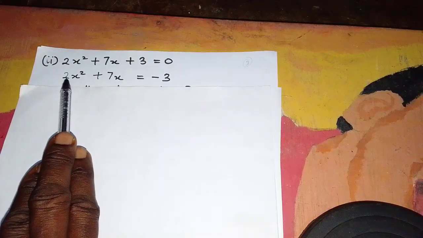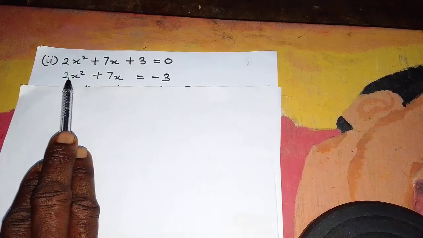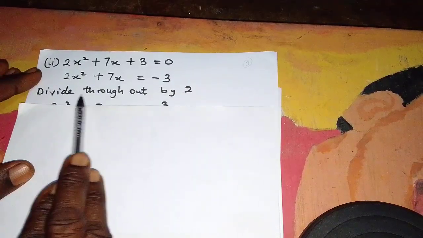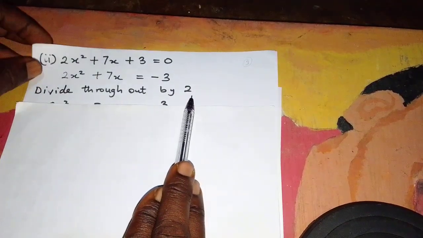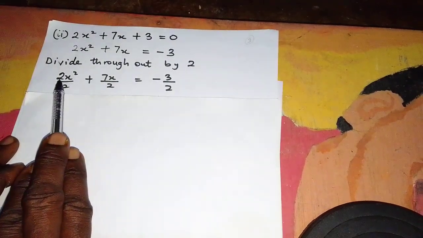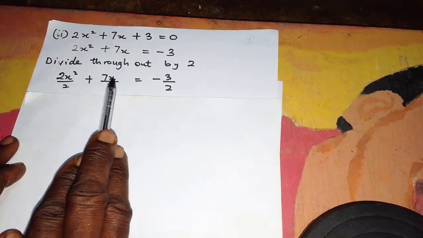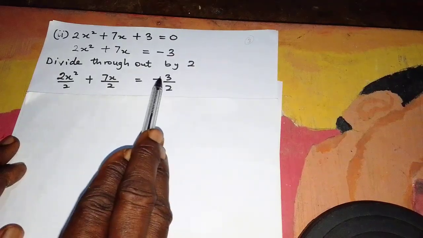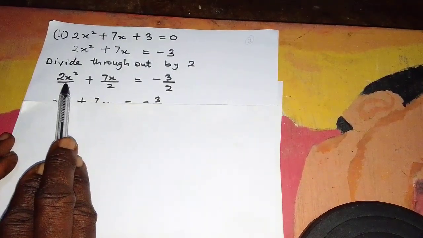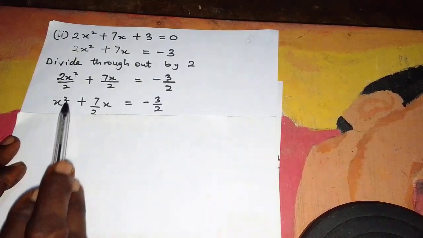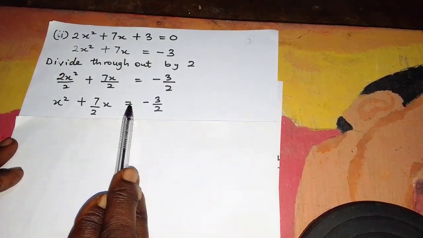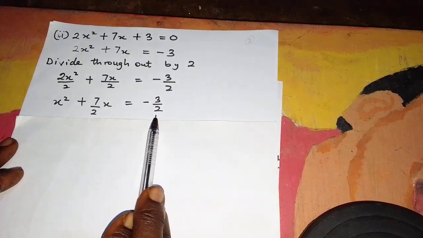By dividing all through by the coefficient of x², which is 2. So you divide throughout by 2. When you divide throughout by 2, you have 2x² divided by 2 plus 7x divided by 2 is equal to -3 divided by 2. So if you divide this, you now have x² + 7/2 x is equal to -3/2.